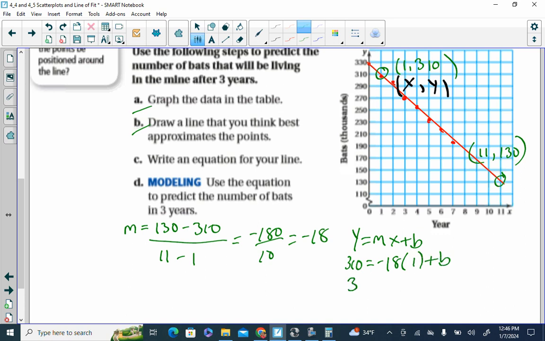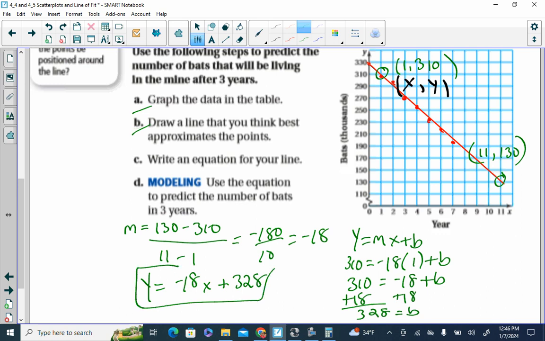So this is 310 equals negative 18 plus b, and adding 18 gives 328 equals b. When we write our equation, y equals negative 18 times x plus 328.